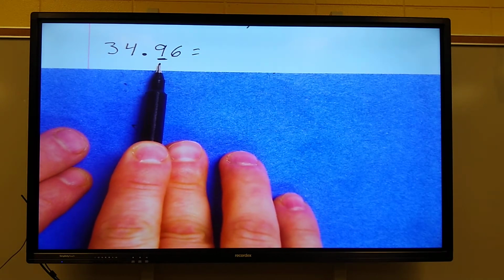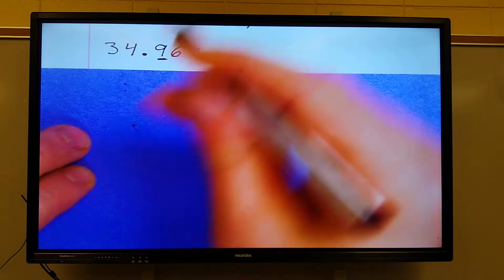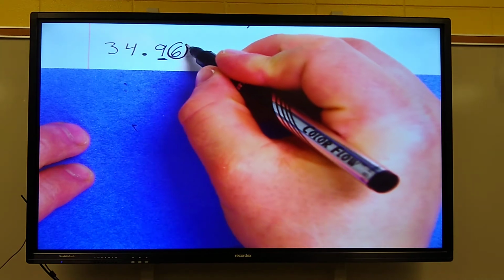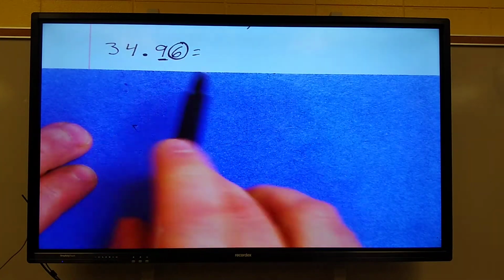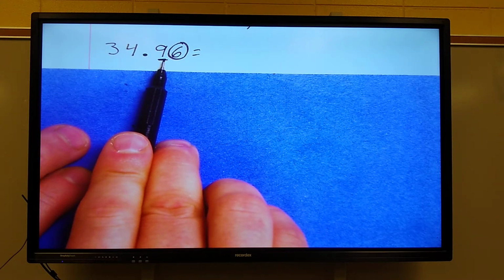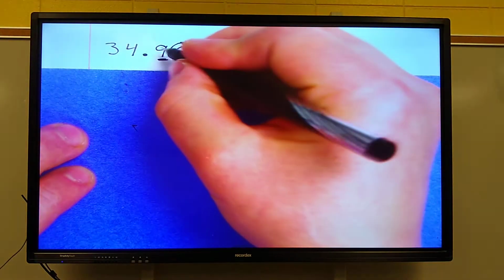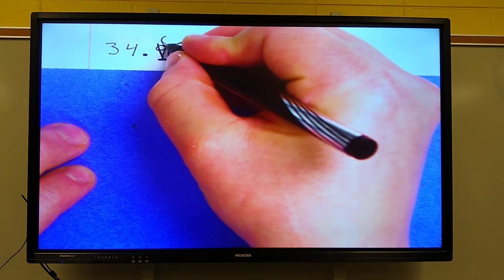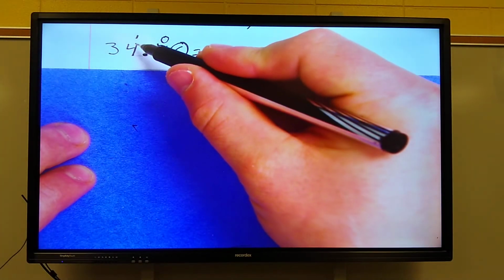This 9, I want to round it. The 6 tells me what to do. It tells me to round up. If I round 9 up 1, it becomes 10. Okay? That means this becomes a 0, and I carry the 1. 4 plus 1 is 5.